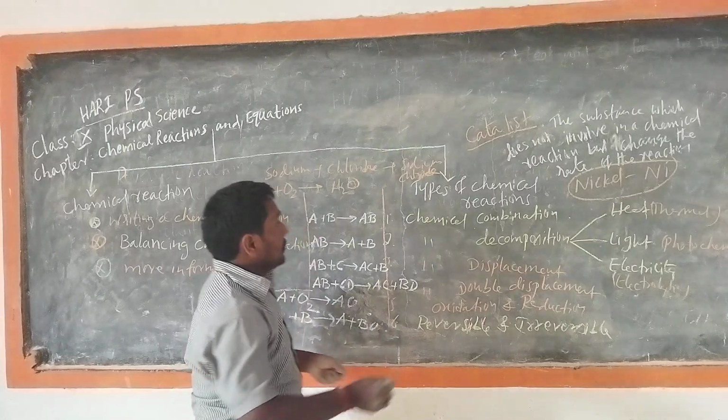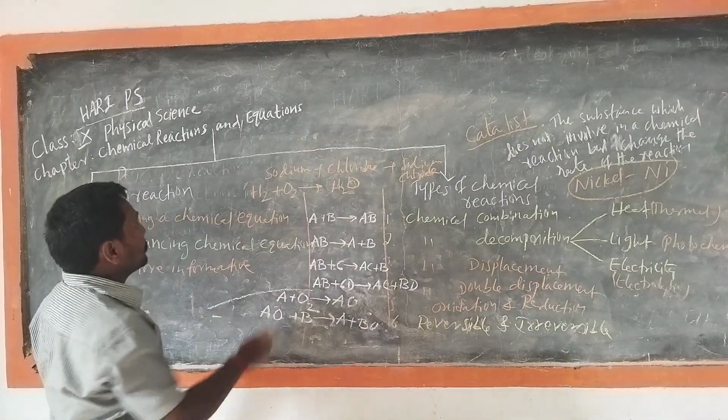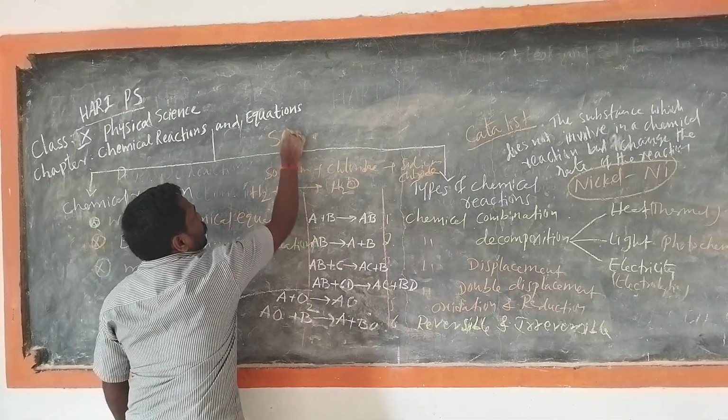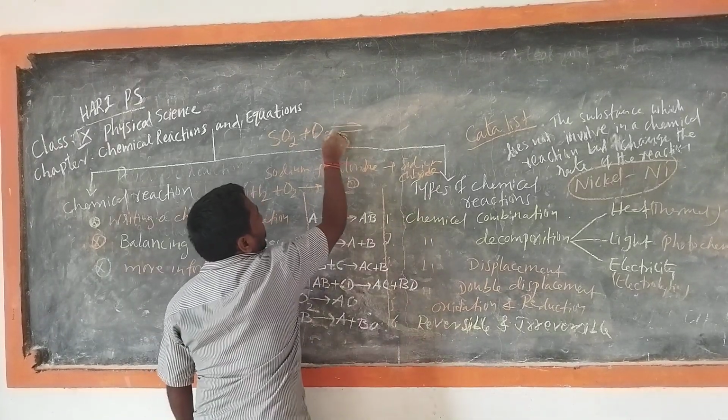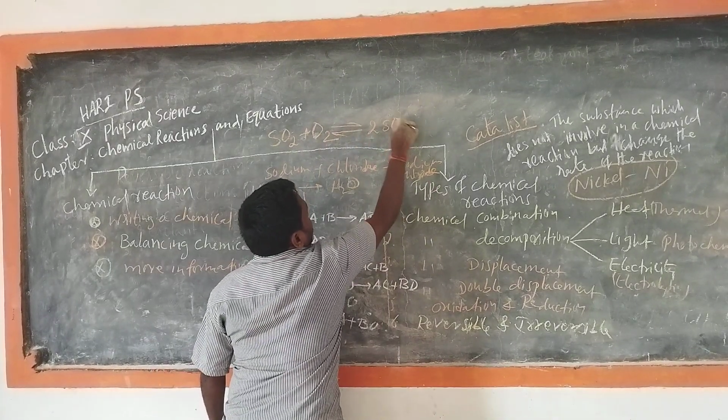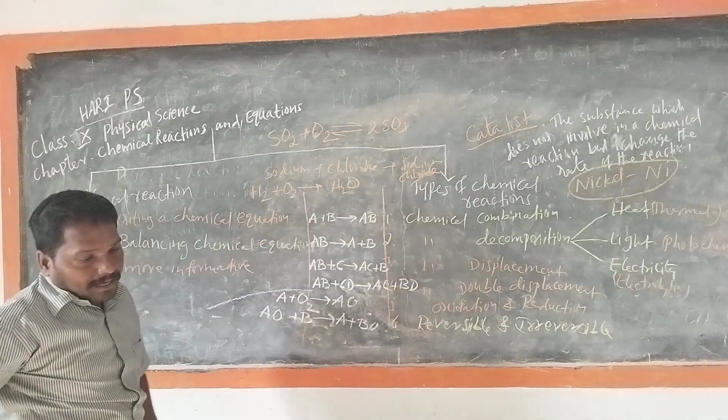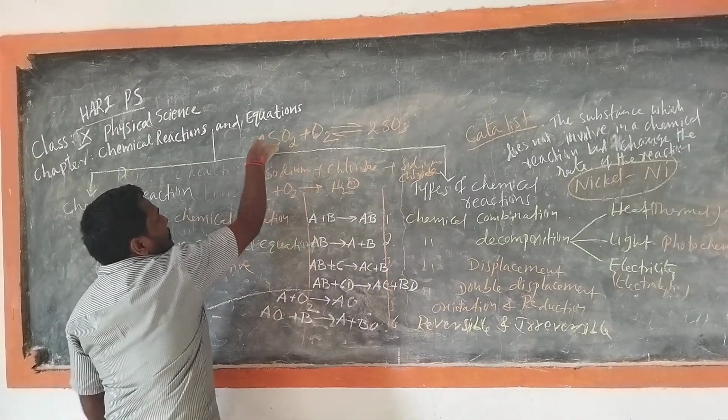Just now we discussed one reversible reaction. SO2 plus O2 gives rise to SO3. This reaction is an example of a reversible reaction.